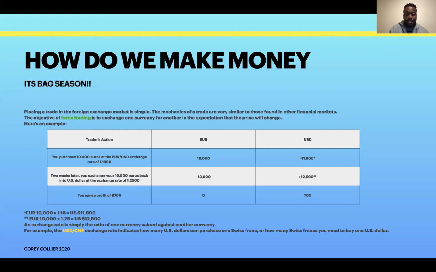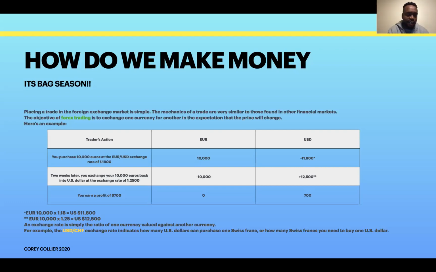To restate that same sentence, 2 weeks later, you close your order at the exchange rate of $1.25. You earn a profit of $700 off of that trade. Now, that's a swing trade and may not even take 2 weeks to get there. But hey, we're dealing with the euro, it might, right?